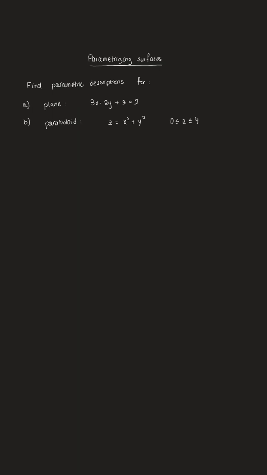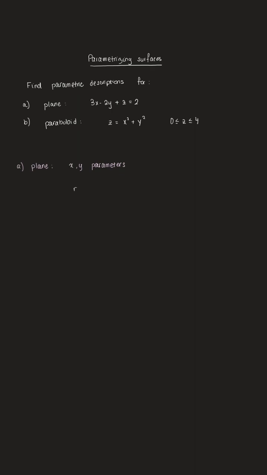All right, so planes have edges, right? Straight edges. And so rectangular coordinates make a lot of sense for planes. So for our parametrization for the plane, we can just still use x and y as our parameters, since z is defined in terms of x and y.